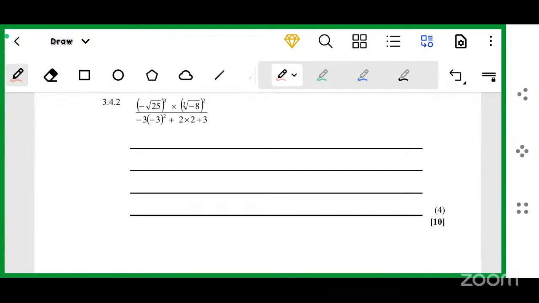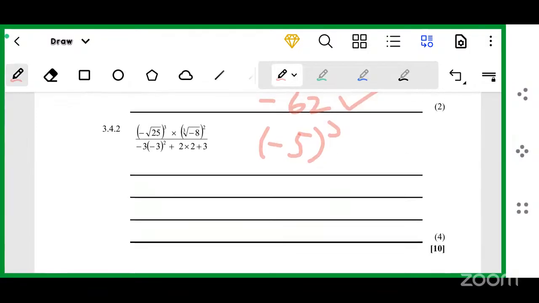I said bracket -5 close bracket to the power of 3, times multiply by bracket -2 close bracket to the power of 2.